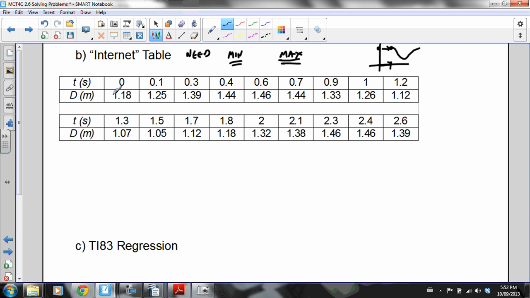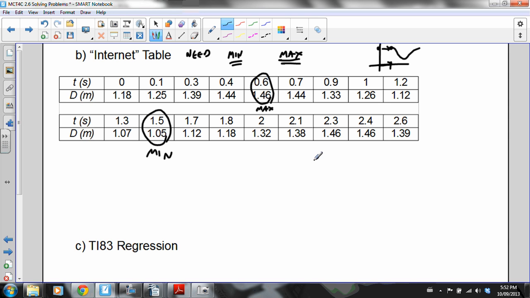So if I just look in this table for a maximum, there it is there, and then I'm going to look for the next minimum right there, then those 2 points will essentially give me all the information.